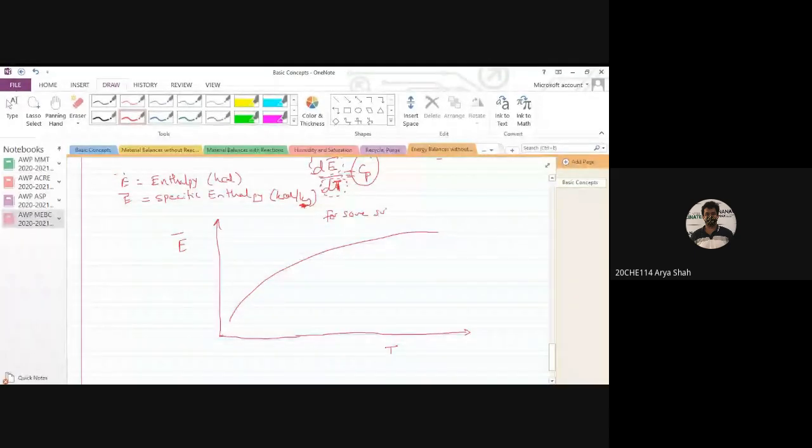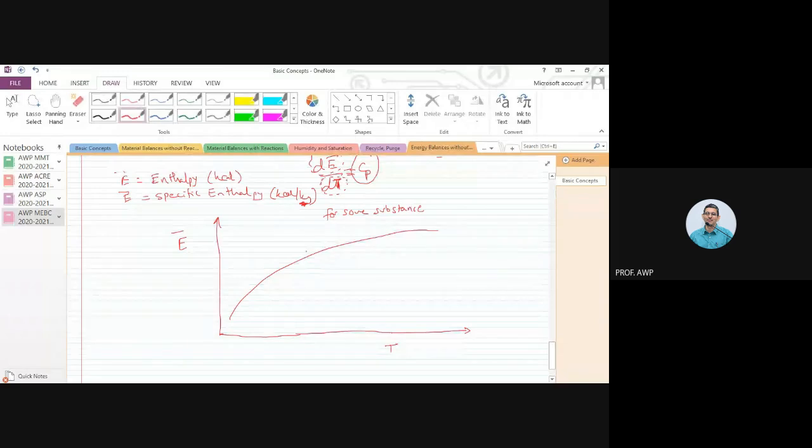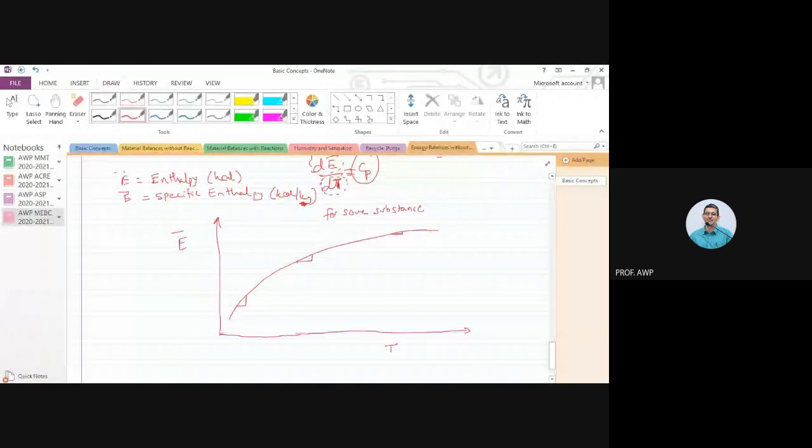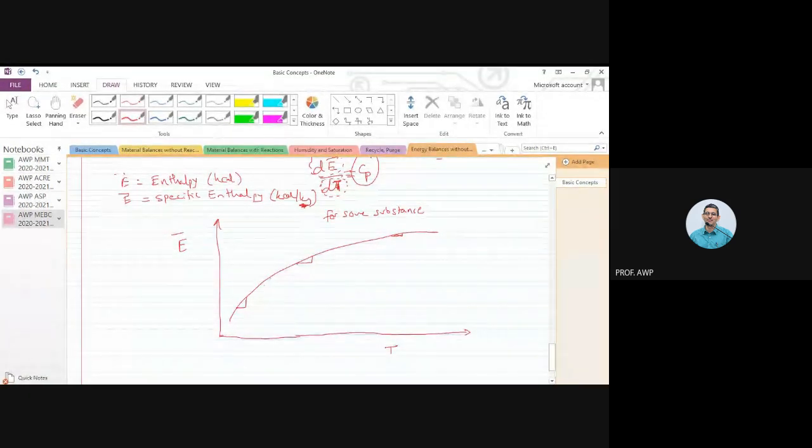Specific enthalpy is not linearly dependent on the temperature. Okay. What does it tell us in terms of Cp? Cp is dependent on temperature. Yeah, so Cp is different here. Cp is the slope of this graph here. Cp at this temperature is the slope of this graph here.